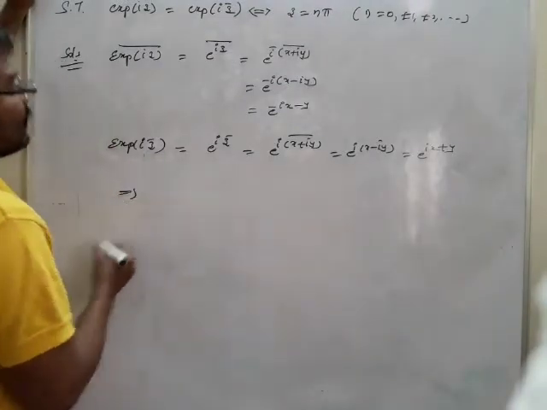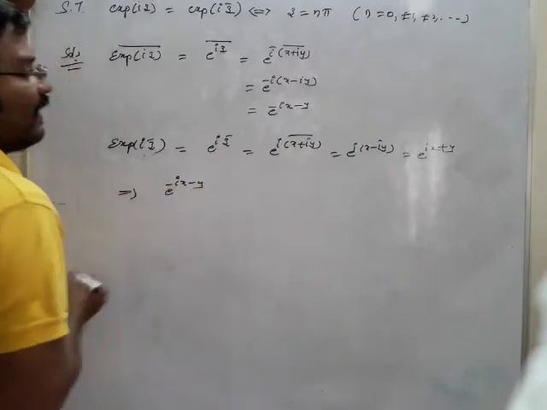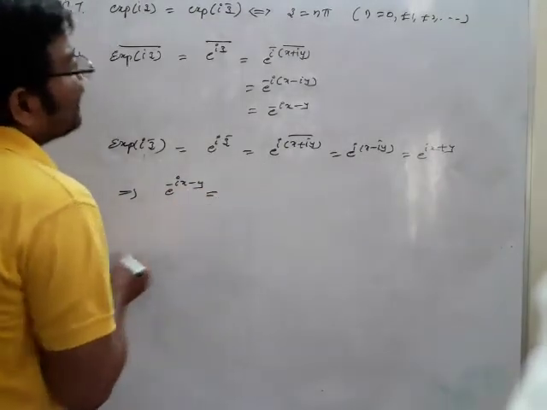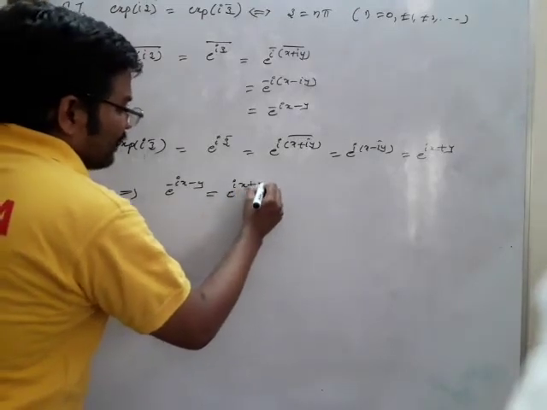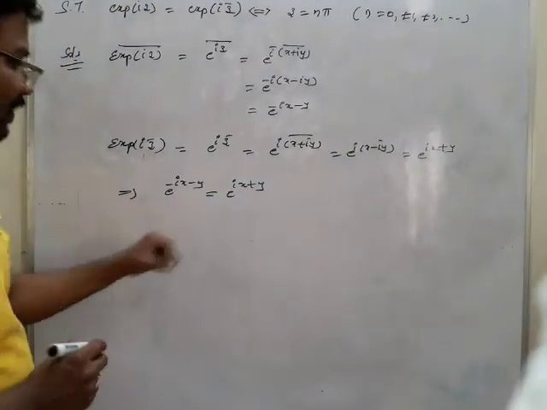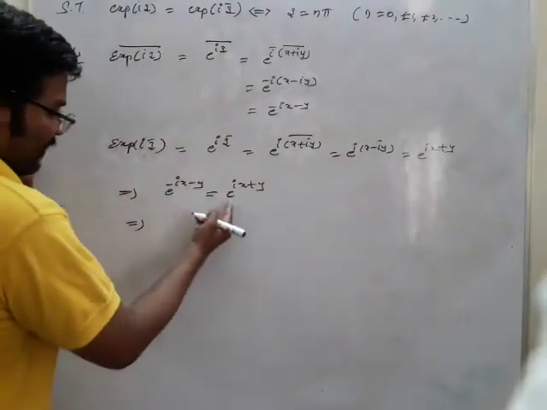So that implies, first I'll take this e power minus ix minus y, that is equal to e power ix plus y. This is how we got it. Now I may take this one to this side.